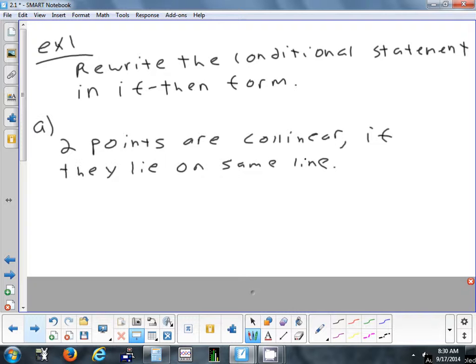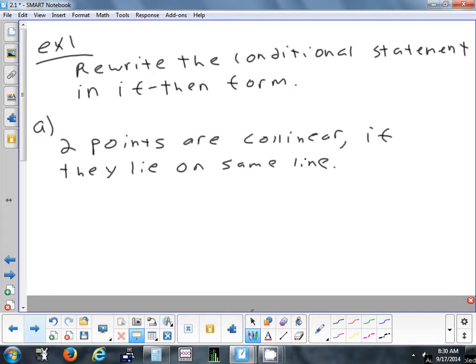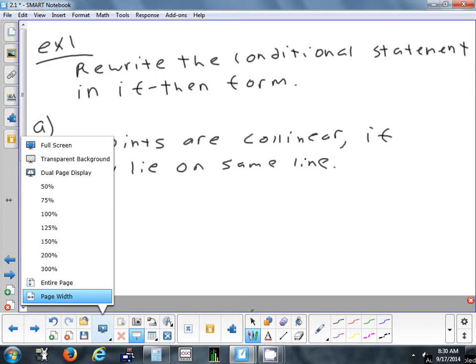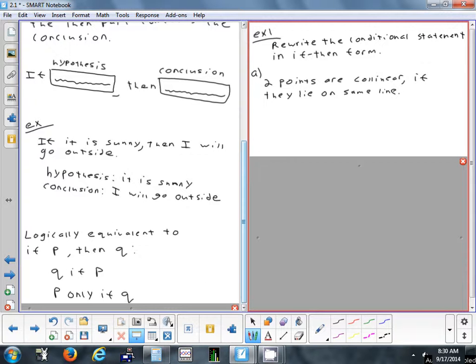So here's an example. It says, rewrite the following conditional statement below in if-then form. It says 2 points are collinear if they lie on the same line. Okay, I'm going to put up what we had on the previous page because that might help a little bit, especially the stuff at the bottom. Okay, the structure of this sentence.